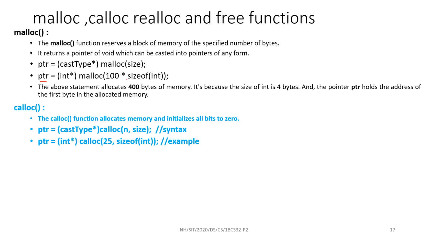Here we don't multiply, the total size you have to provide here. Here, the number of data items, the size of each data item, integer, comma. When it allocates this memory, all 25 into 4 locations are set to 0.